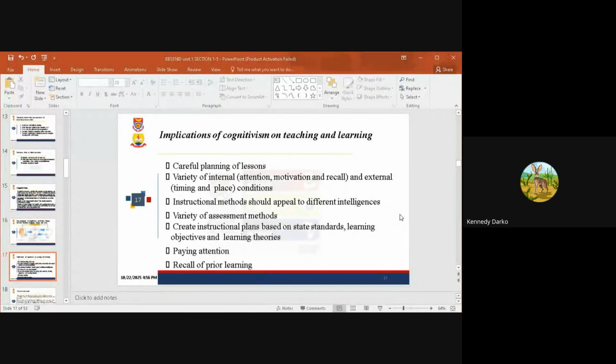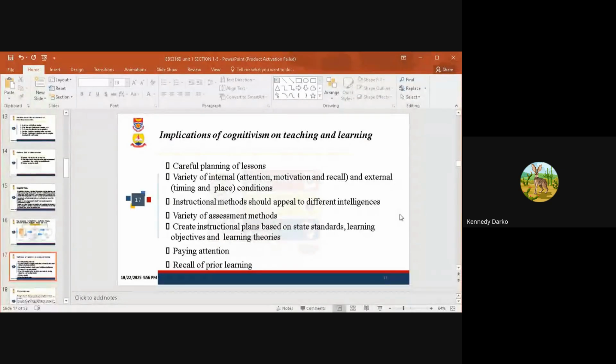Where do I get these sources from? Let me get river, well, pipe-borne water, rainwater, maybe sea water. So you are using your mind to plan the lesson effectively so that when you are delivering, no problem will come. So, careful planning of lessons.